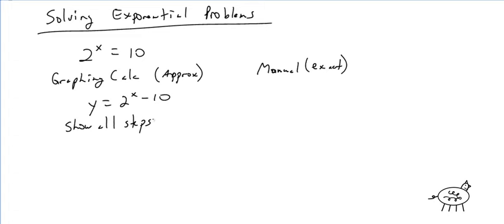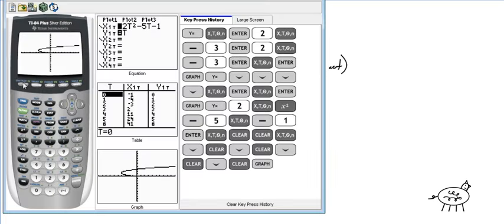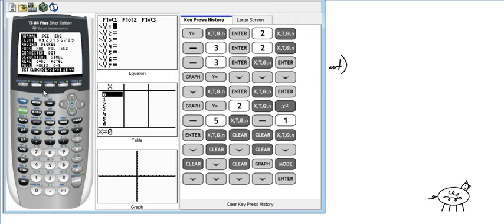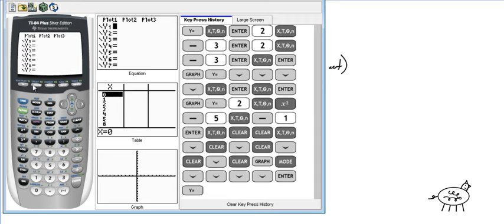Okay, so let's go to the graphing calculator now. And we need to go into our correct mode, right? I need to go into function, not parametric. Hit enter. And then you go y equals, and it's going to be 2 to the x minus 10.